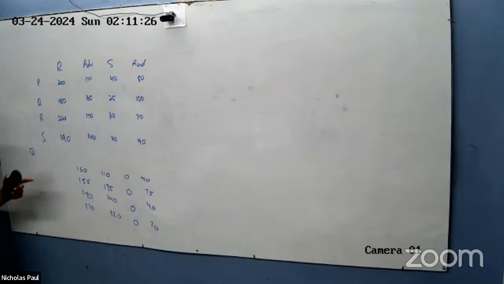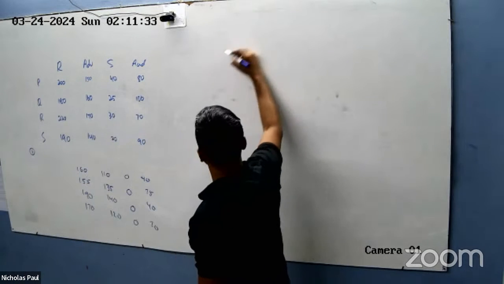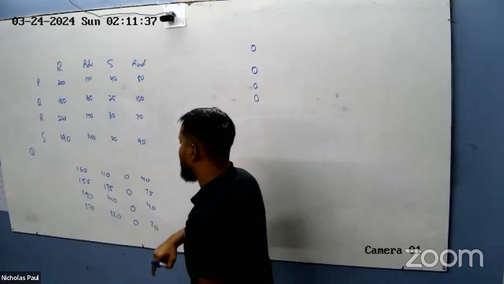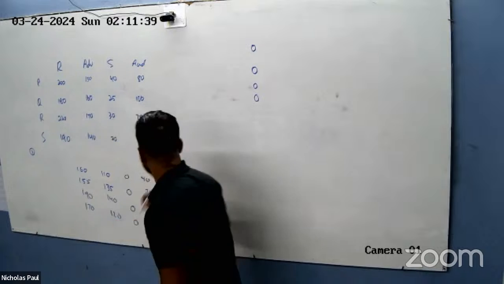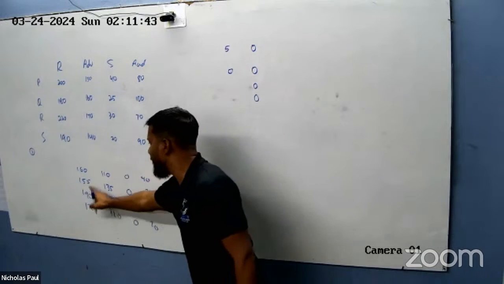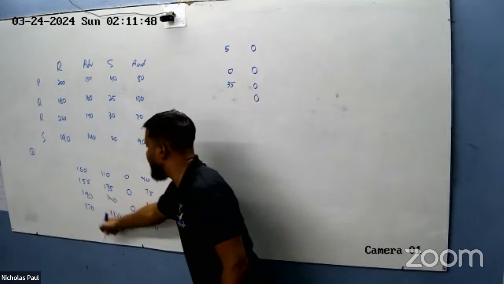Okay, that's row. Now let's look at column minima. Well, the third column stays as it is, right? What's the minimum here? 155. So here's 5. Here is 35. And here is 15.